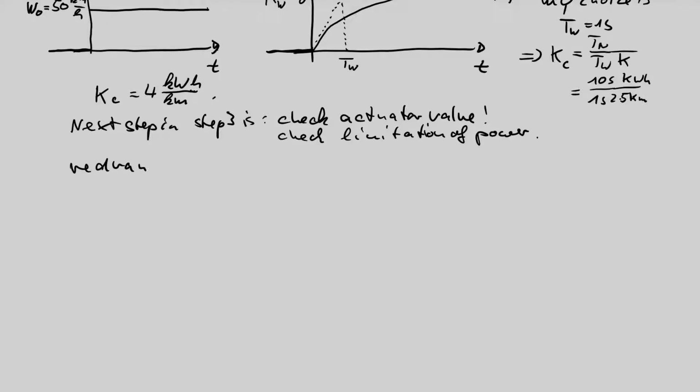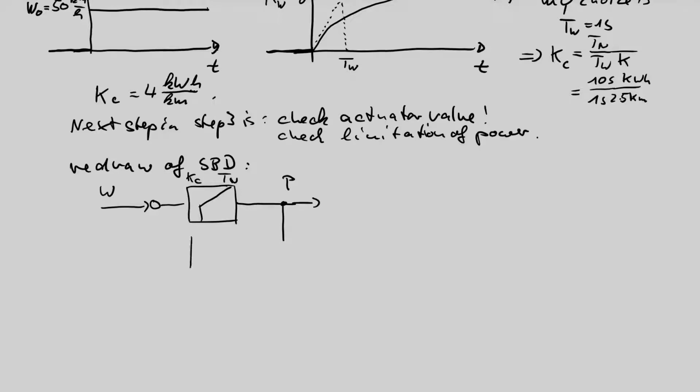Redraw of the signal block diagram. We still have our reference input. We still have our PI controller with KC and TN. But now I draw the power output in this way and shift the process PT1 into the feedback branch.